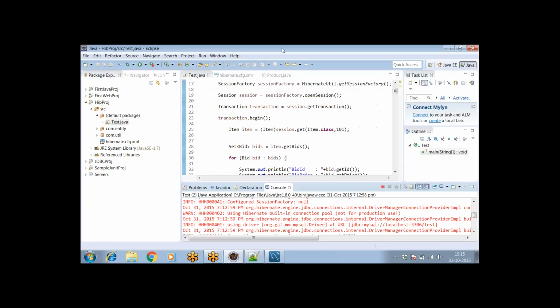Let's see what's the reason here. You know, the reason is to avoid unnecessary loading of objects.